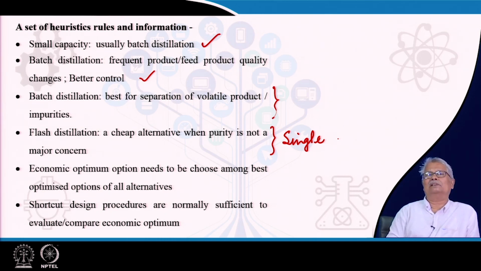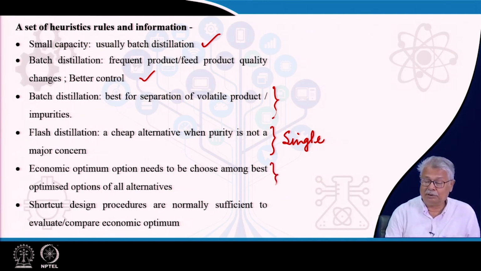But one big advantage is it's a cheap alternative, easy to operate. What you have to control basically is the flash drum pressure, and we'll see a little more detail about this in the next few slides. The quality which is produced, with respect to the purity of the vapor, may not be very precisely controlled even.